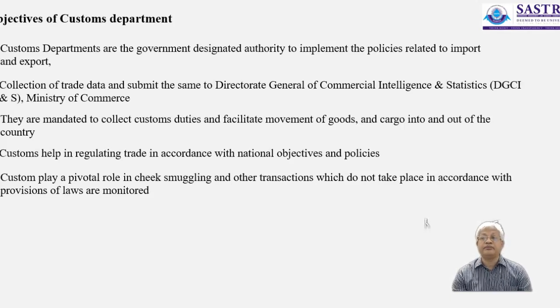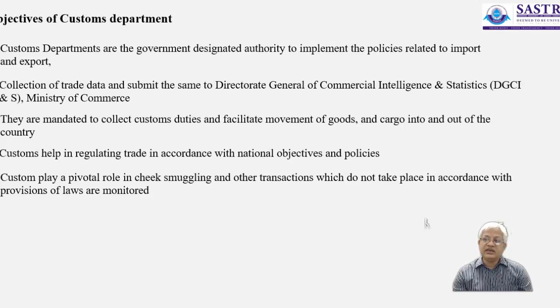Every government and a specific ministry have air customs, sea customs, land customs. So we'll just give you a brief about what are the role of customs. The custom department are designated authority. It's an act of parliament by the government to implement policies related to import and export.